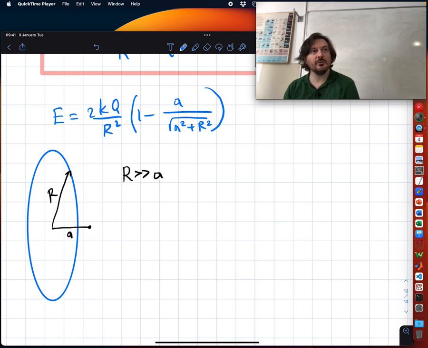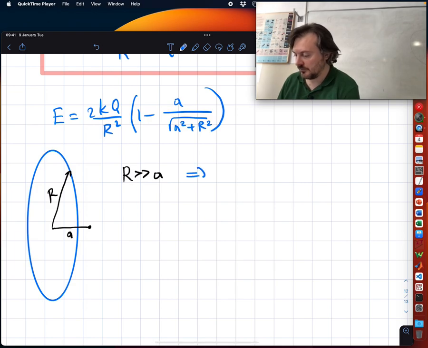It becomes the electric field due to the point charge. Actually, it doesn't, so let's see what happens. But thank you for contributing a thought.